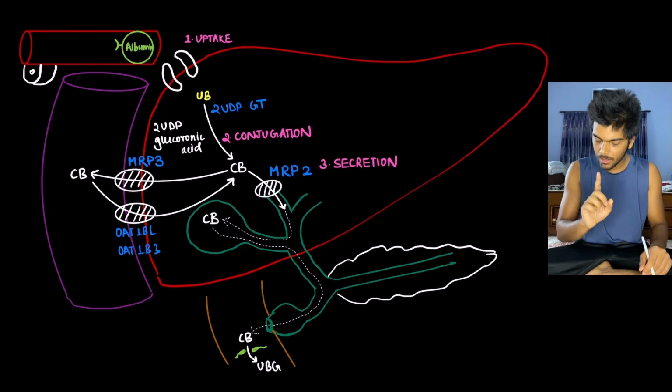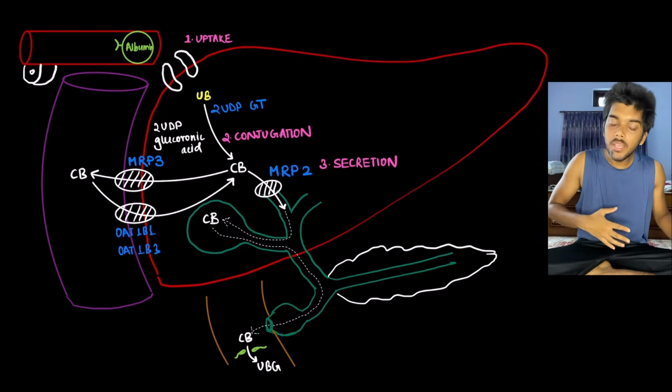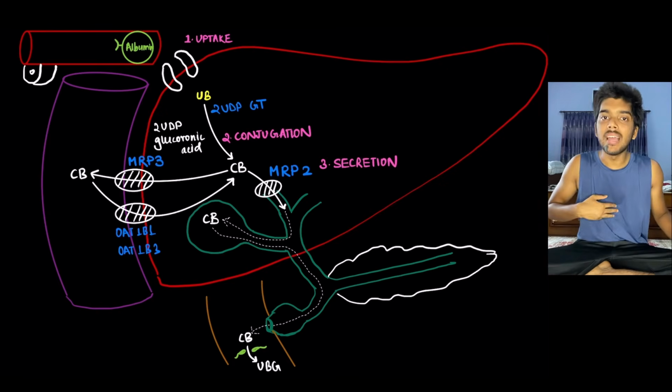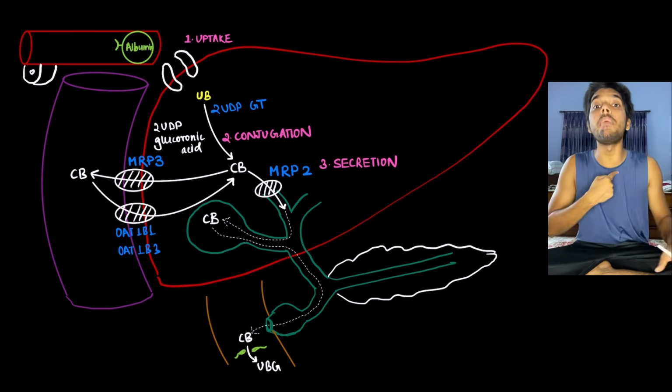See, the gastrointestinal tract has a connection with your liver via portal circulation. The blood from the heart goes to your gastrointestinal tract, and from the gastrointestinal tract, it does not return directly back to your heart.